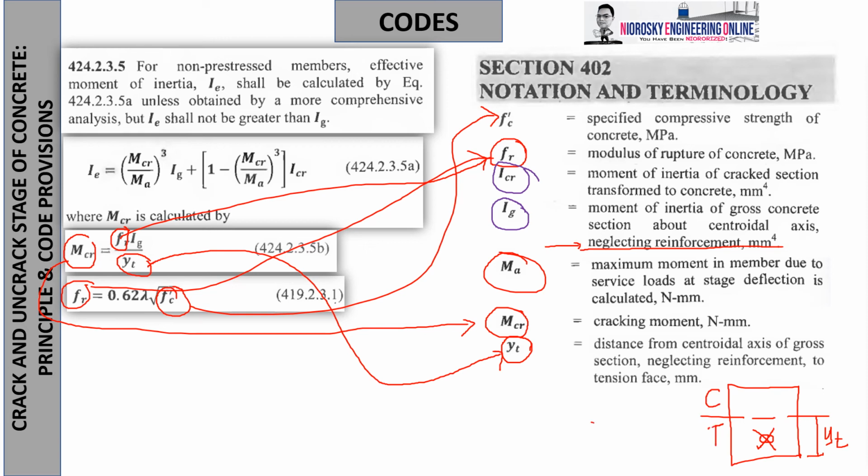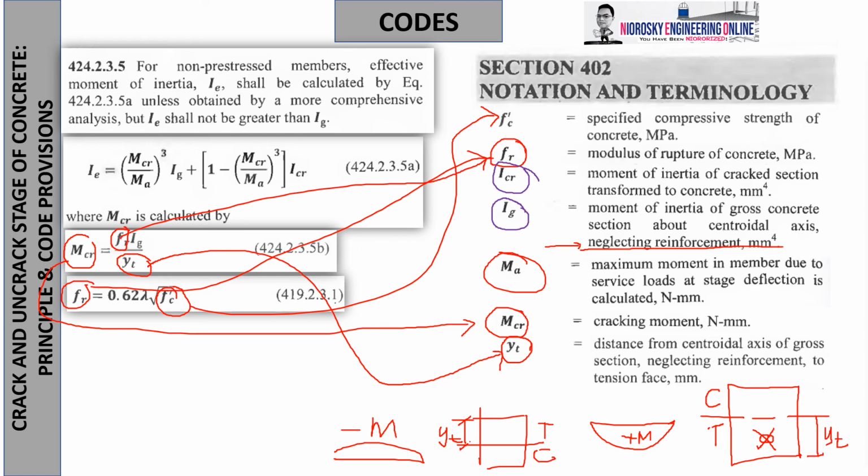Ito yung nangyayari lang kung ang given natin na bending is positive moment. Pero like cantilever or continuous beam, where negative moment is larger than positive moment, magbabaliktad po yan. Kapag negative moment, tension is located above, compression is below. So ito po yung YT, extreme fiber location up to the neutral axis, solved by Varignon.